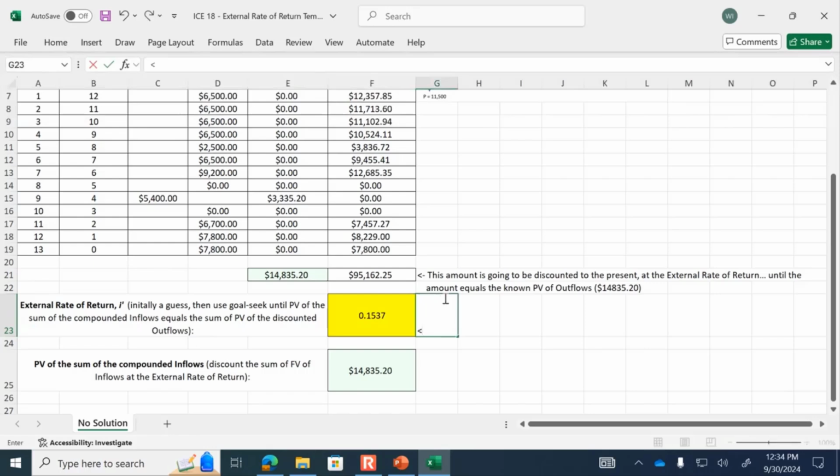So I'll add some additional annotations here. This is the external rate of return.